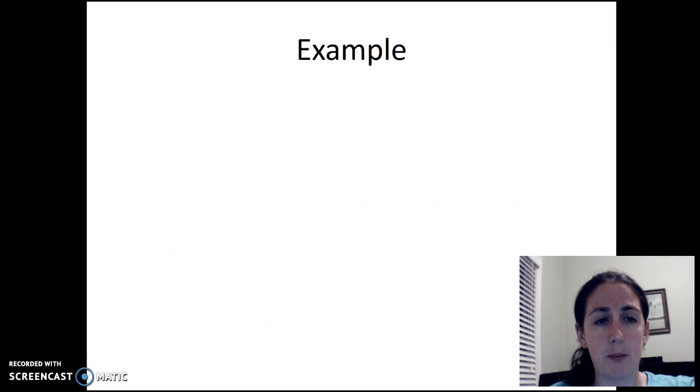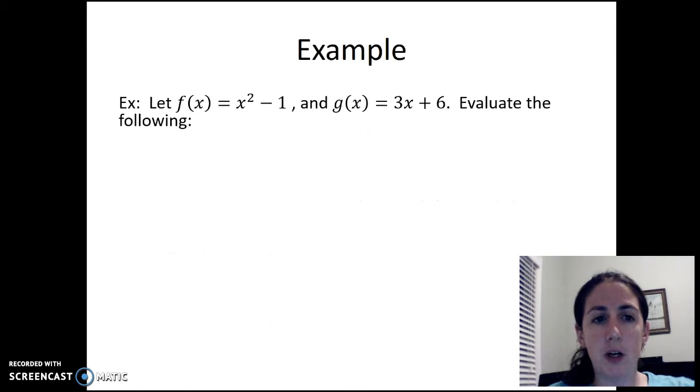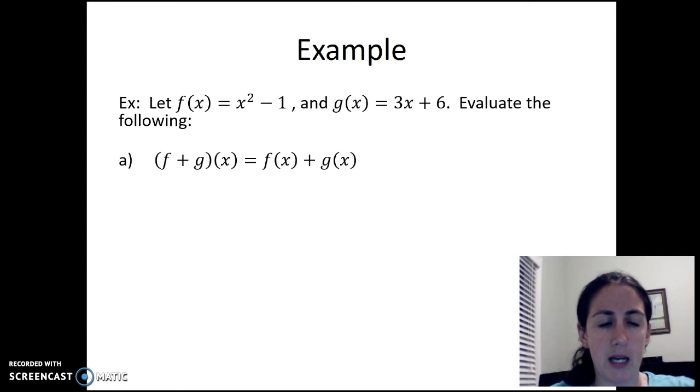So let's look at an example. Let's suppose we have these two functions, f of x equals x squared minus 1, and g of x equals 3x plus 6. Let's start evaluating some things. So first we'll do f plus g of x, which if you recall, means we're going to take our entire f function and add our entire g function.